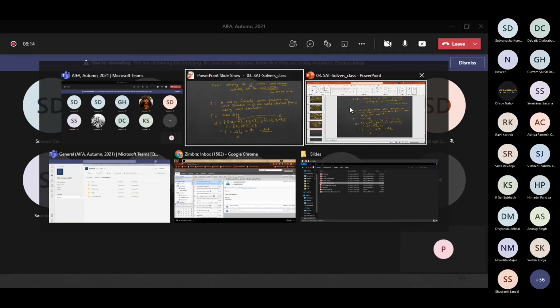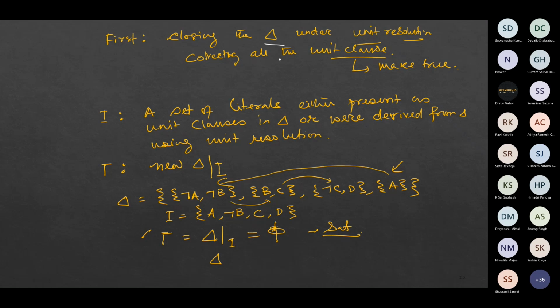Yeah. So the purpose for performing this closing operation before doing anything was to collect all the unit clauses before we start our algorithm. And why are we going to do that?